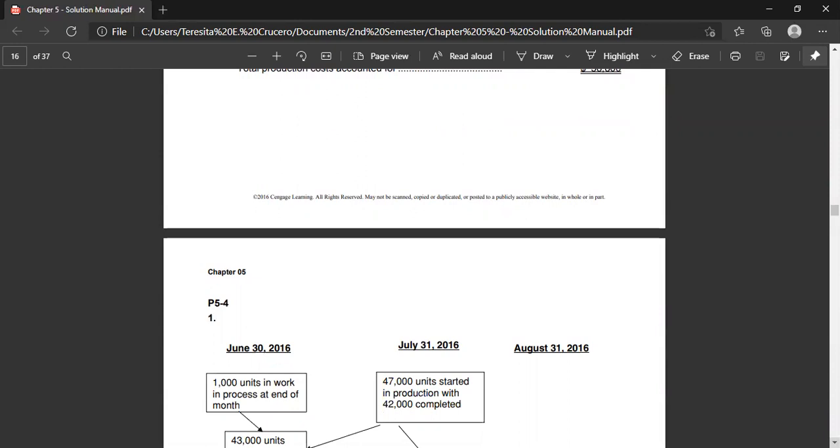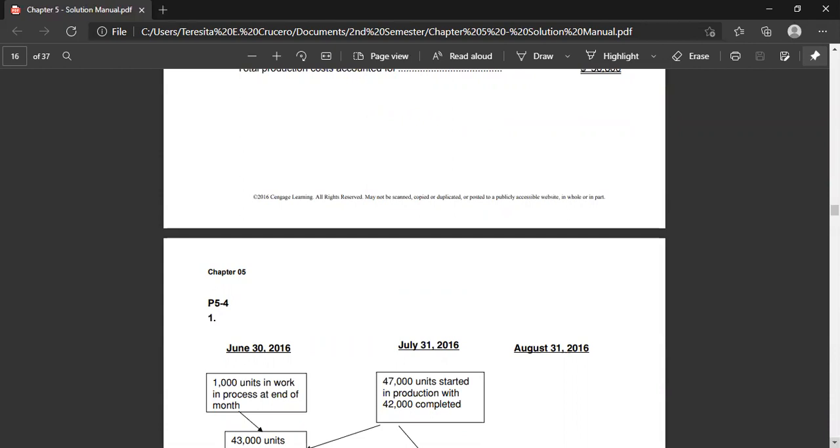Reynolds provides the following information regarding its units of production: 1,000 units in ending work in process, one-third complete on June 30. 47,000 units started in production during July, with 42,000 completed in addition to the beginning work in process by the end of July.